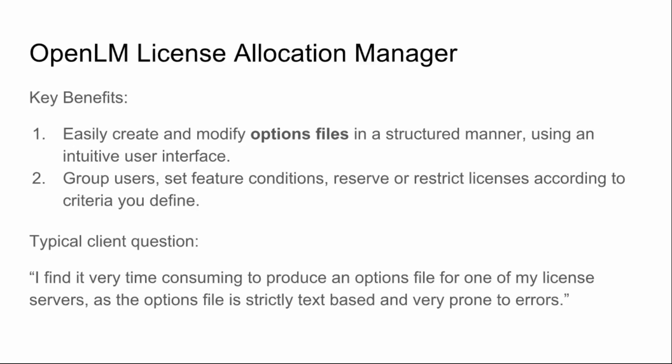You use a very intuitive user interface in order to create the option file. Usually, to create the user groups, to set the feature conditions, to restrict or reserve licenses, you'll need to open up a text editor and start to input the syntax for the option file.